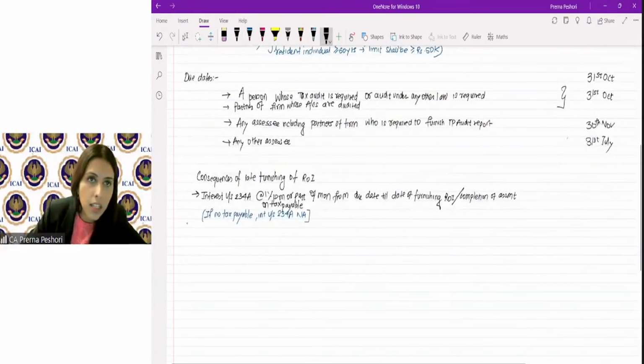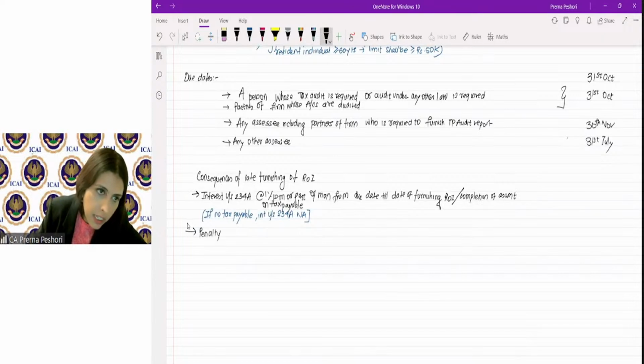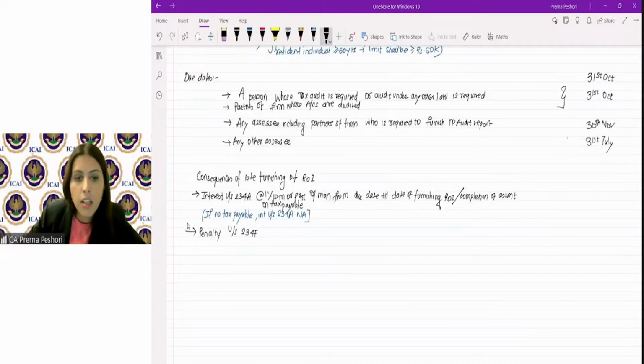Secondly, penalty under section 234F. You have penalty under section 234F. Namrata, if after rebate there is no tax payable, then interest is not applicable.